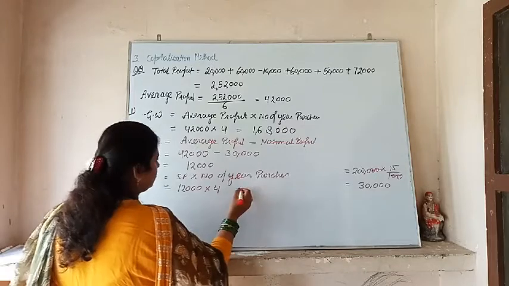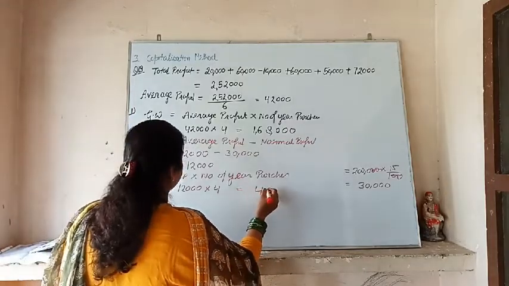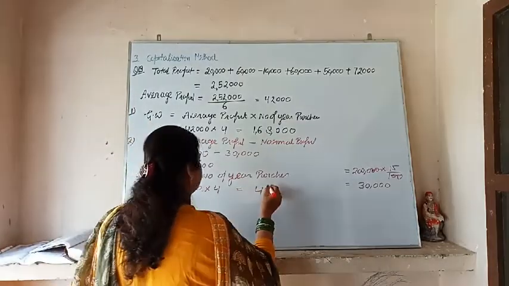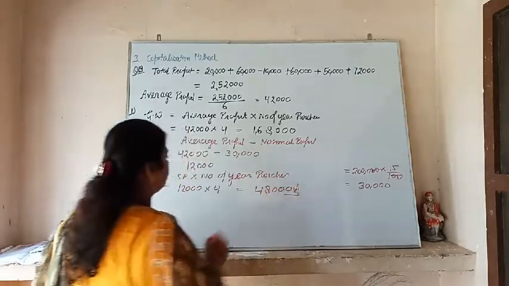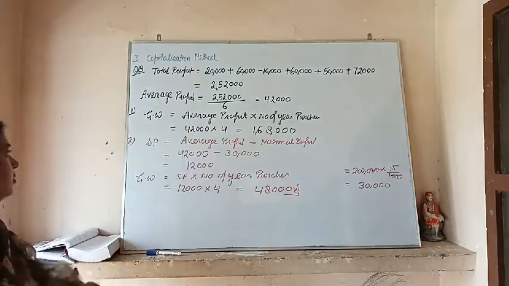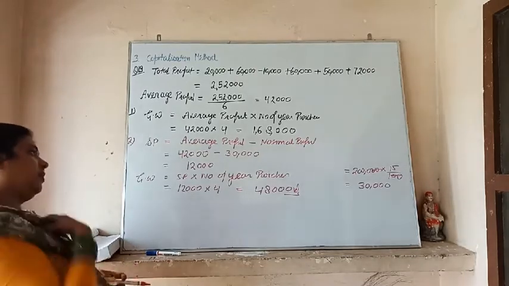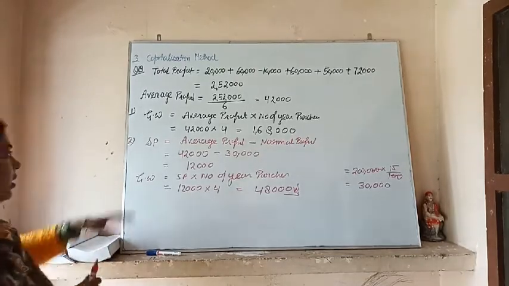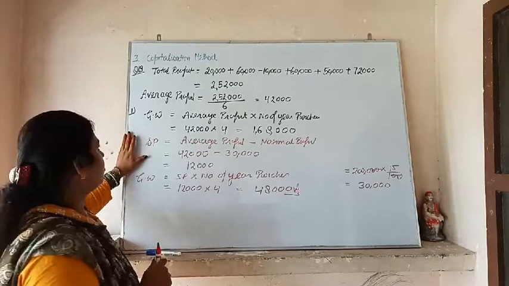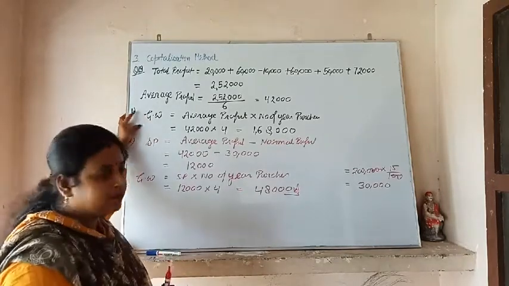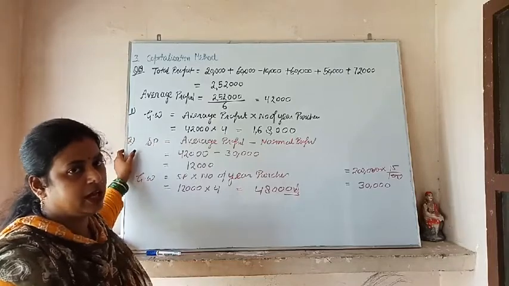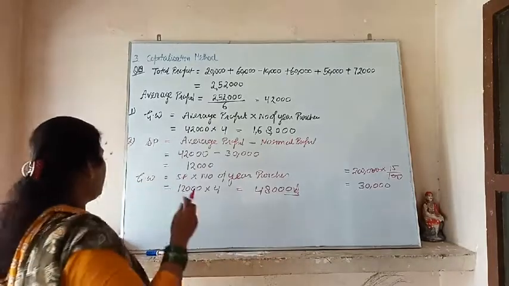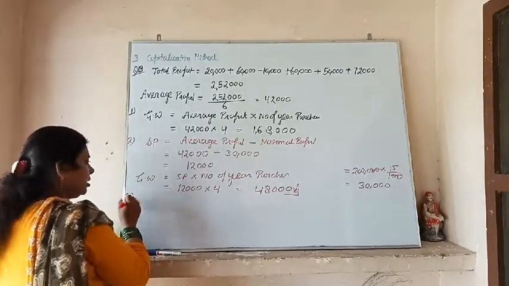Then goodwill is equal to 48,000. This is the answer. Okay. So we have already learned how we calculate the goodwill in case of the average profit method, and how we calculate goodwill with the help of the super profit method. Now let us see the third one.